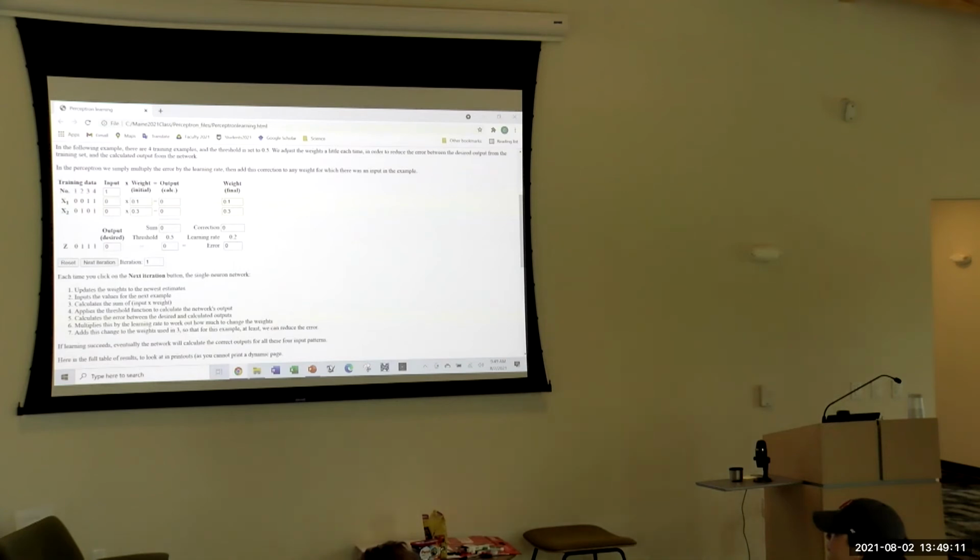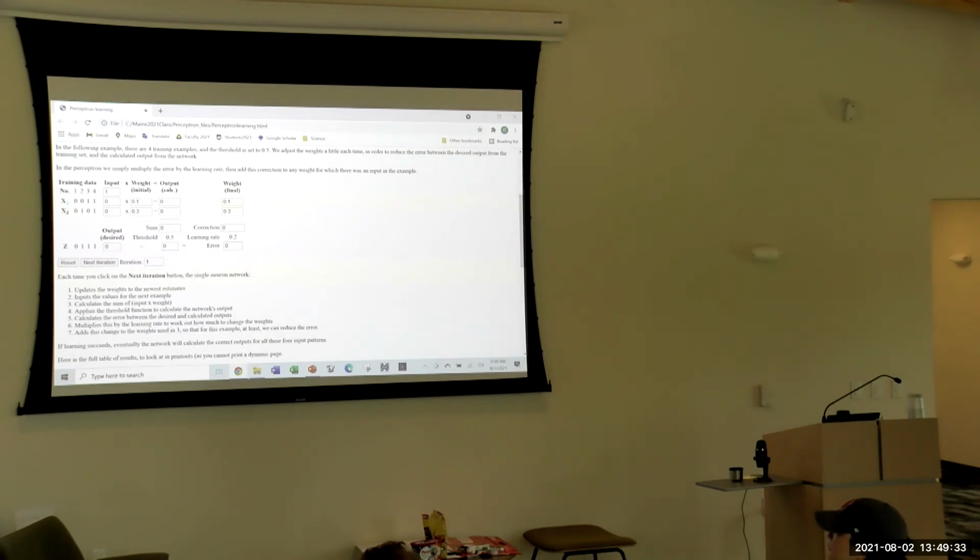Okay, so the way this back propagation of errors works is we're going to take the inputs. We start out with an initial guess for the weights, and you can guess anything you want as long as the weight's not 0. So you start out, in this case, let's say 0.1 and 0.3 are the two weights.